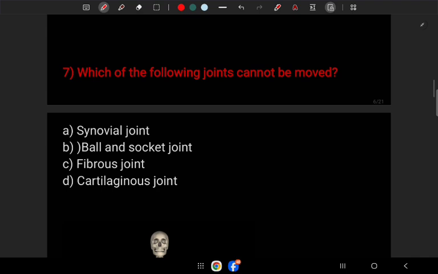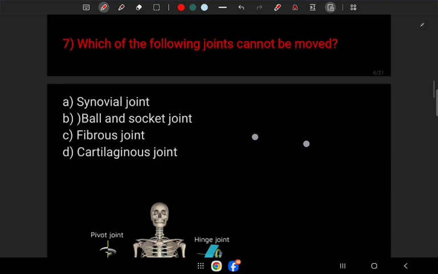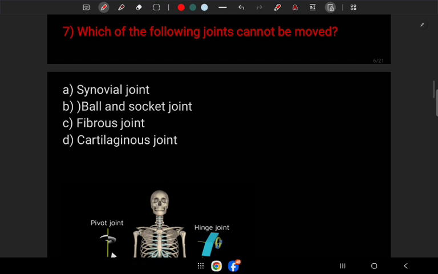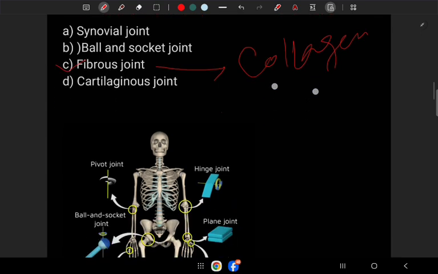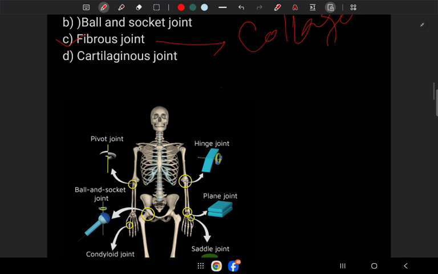Next question: which of the following joints cannot be moved? Synovial joint, ball and socket joint, fibrous joint and cartilaginous joint. The correct option is fibrous joint. Fibrous joints are present in the sutures of the skull. It is made by collagen fiber and is an immovable joint. Cartilaginous joints are present in the vertebral column, where cartilage is present.